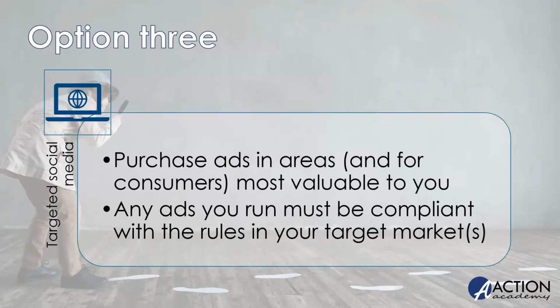Third option, though, and one that can be a lot of fun, and it's relatively cheap, all things considered, compared to the other two, is targeted social media ads. Just like you would with the mailers, you're looking to purchase ads in areas and for consumers that are most valuable to you.